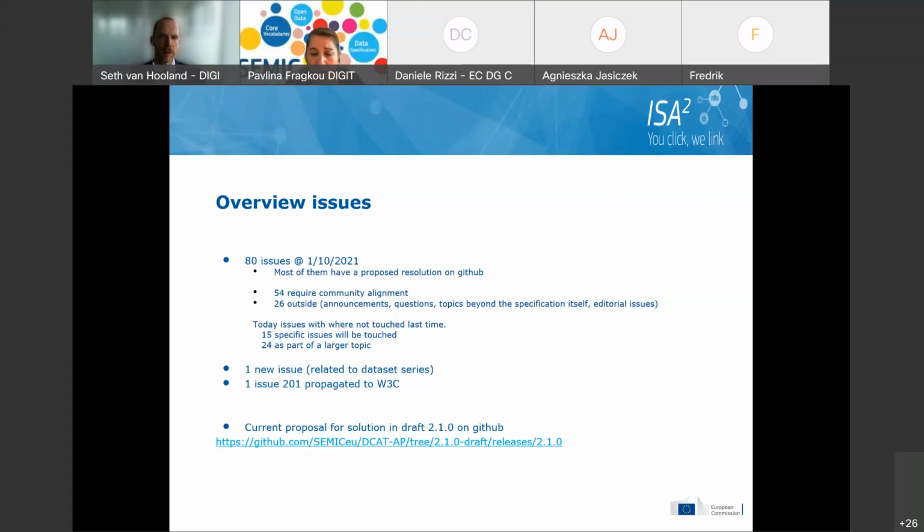In the link, you can see the proposed version, the current proposal in GitHub. We can see all the information there, as well as the proposed solutions and suggestions for almost each and every GitHub issue.